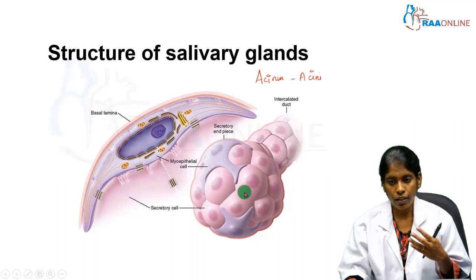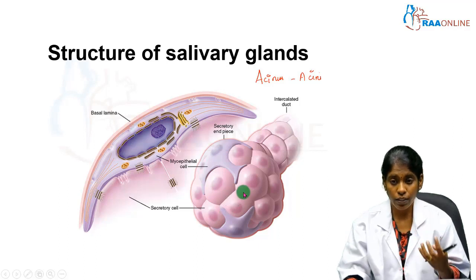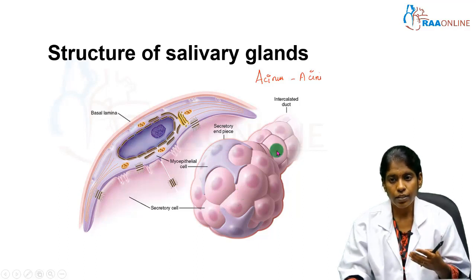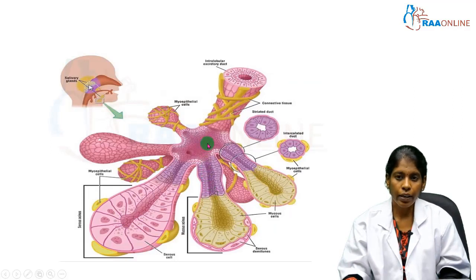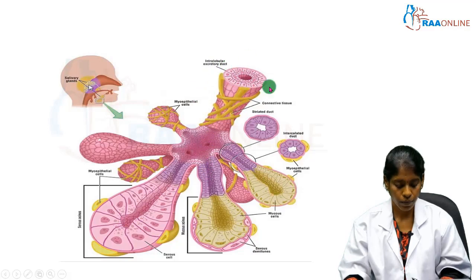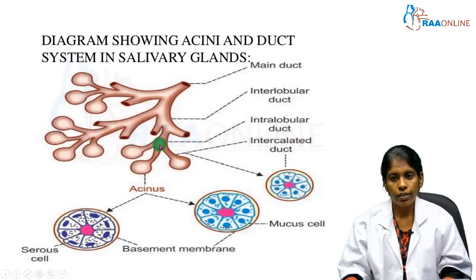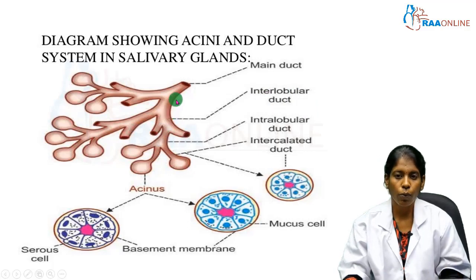The immediate duct into which the acini drain is the intercalated duct. These intercalated ducts drain into the intralobular duct, the intralobular ducts drain into the interlobular duct, and finally the interlobular ducts join to form the main duct.